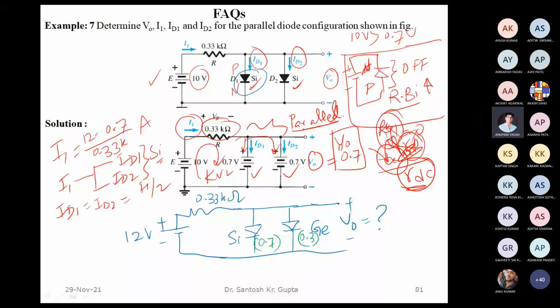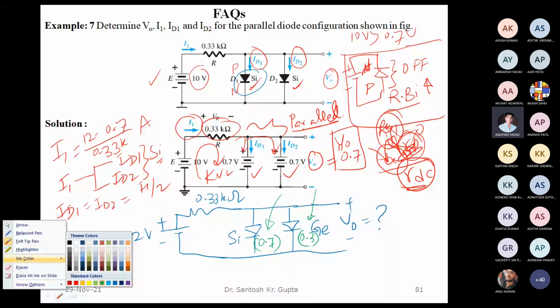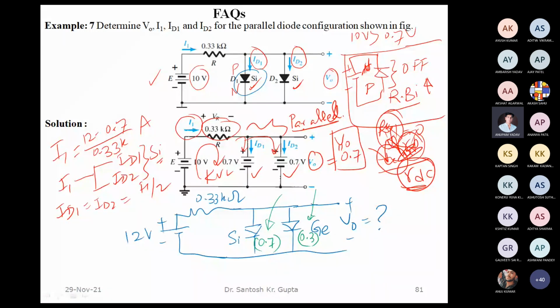Because there are two cases only, either 0.7 volt or 0.3 volt, that's what we want to argue here: which output voltage we will see. So let us argue, then conclude. 12 volt is certainly greater than both 0.7 and 0.3.